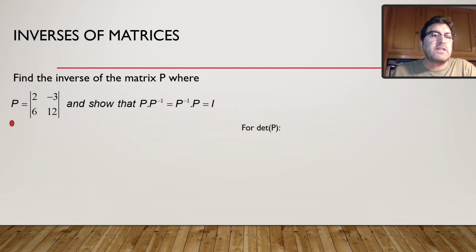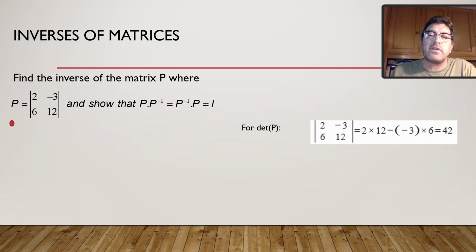Okay, let's see. For the determinant of P, it makes sense to find that first. You found the determinant by, excuse me, 2 times 24, and you subtract that from 3 times minus 3 times 6, so that double negative makes it a positive. Determinant is 42, so we're going to use 1 over 42.